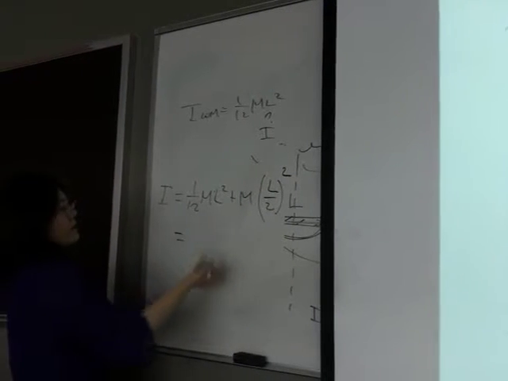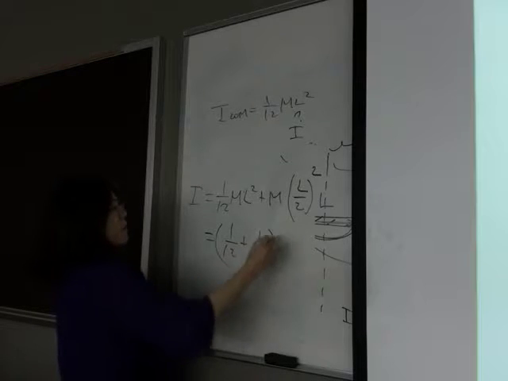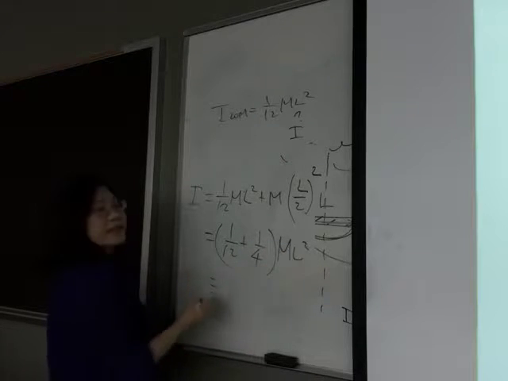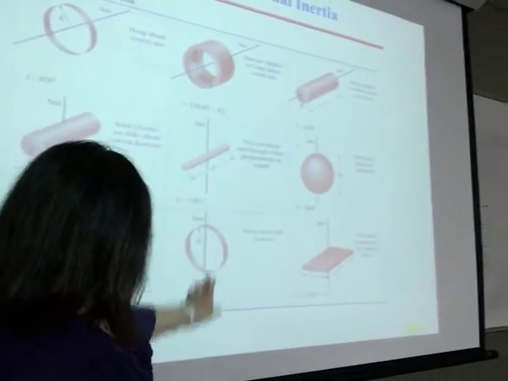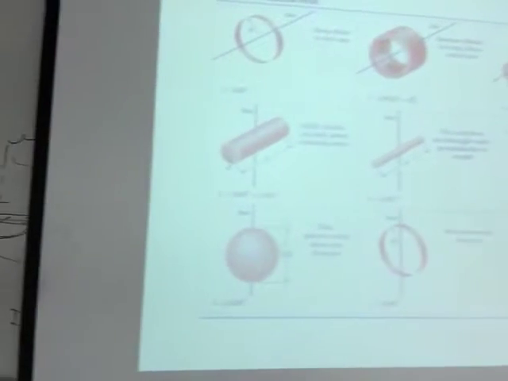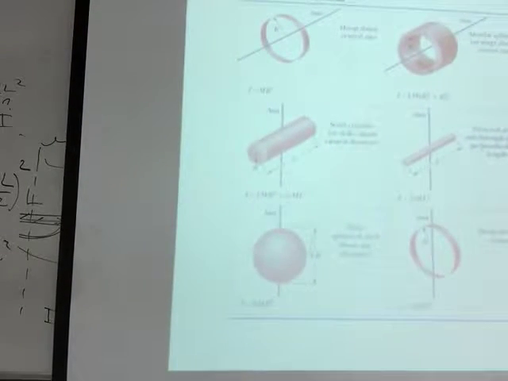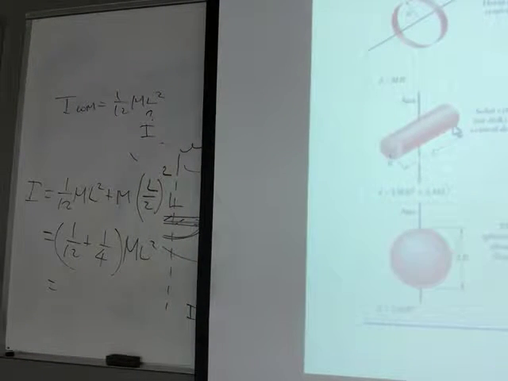So you can see that will be 1/12 plus 1/4 ml squared. Okay, so this is how you apply the parallel axis theorem, and also the thin hoop. All this is just to let you know that for different objects you will have a different rotational inertia. Okay, yes.